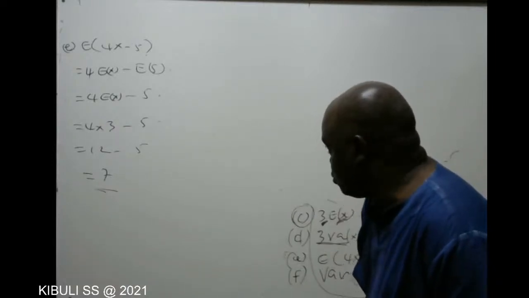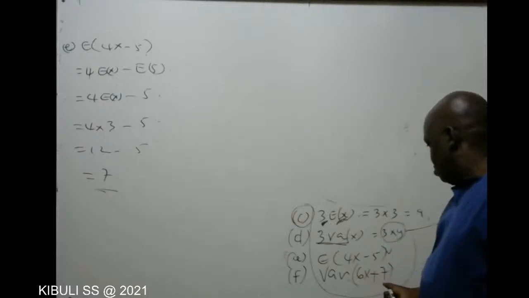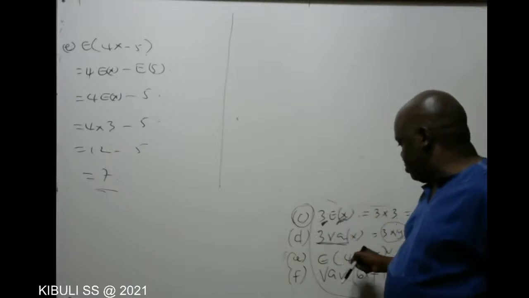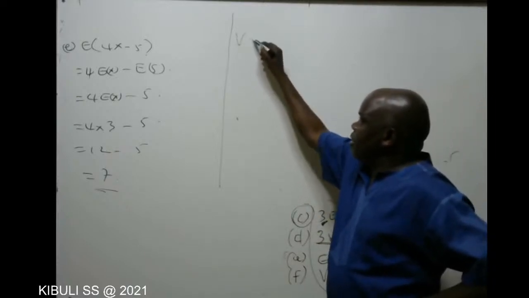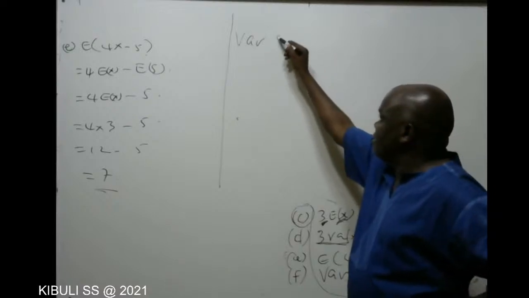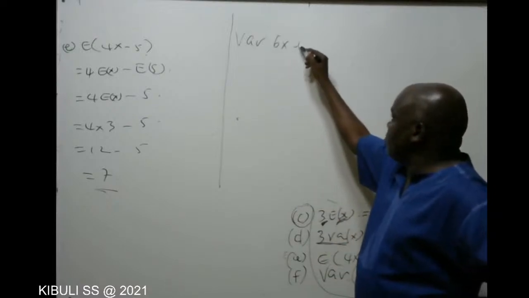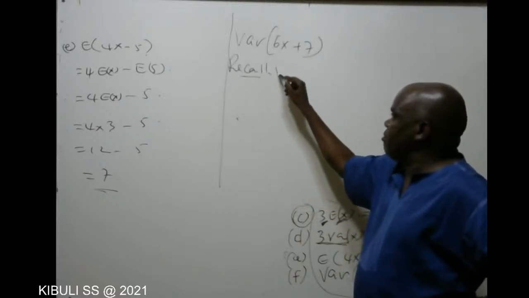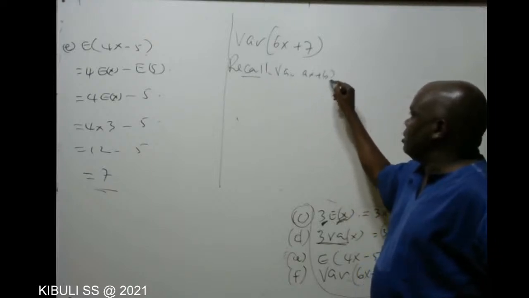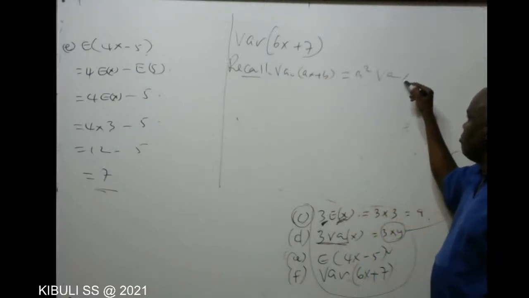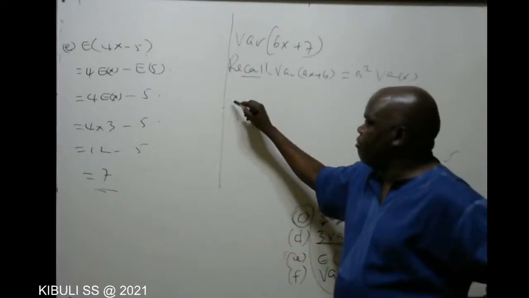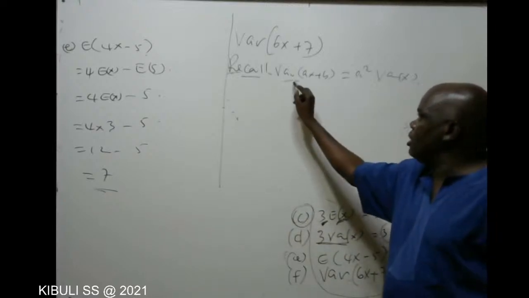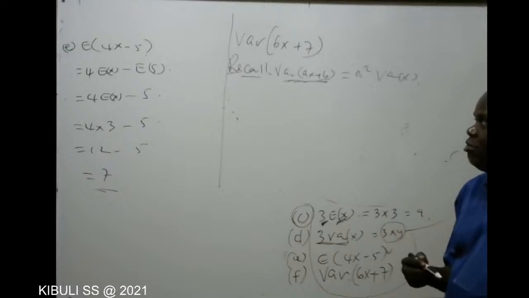If you have mastered those proofs, when somebody asks you, from here on, what's the variance of this one here? So the variance of 6x plus 7. You need to recall, we said that the variance of ax plus b is equal to a squared variance of x. You just say, from this one here, because you must show that you know.